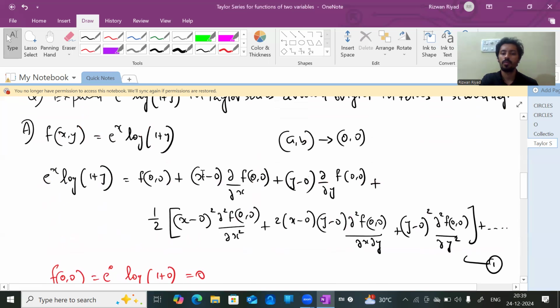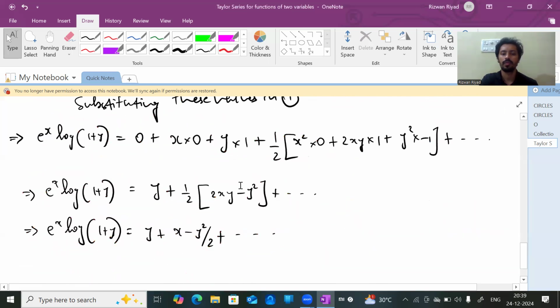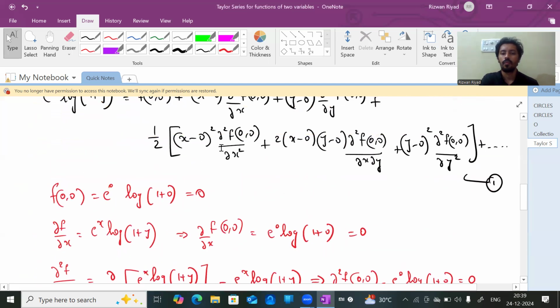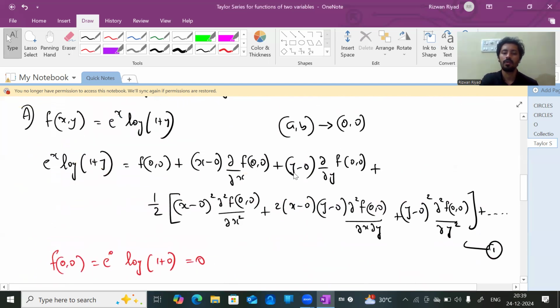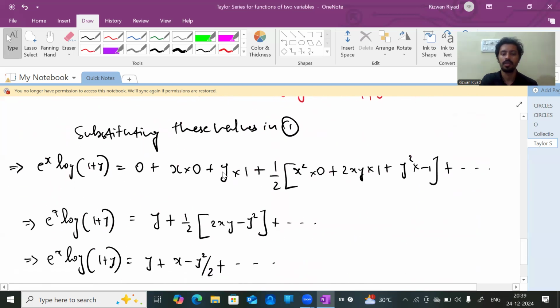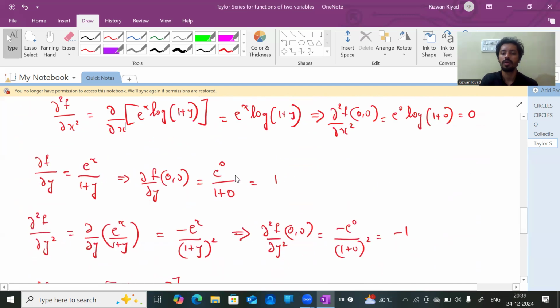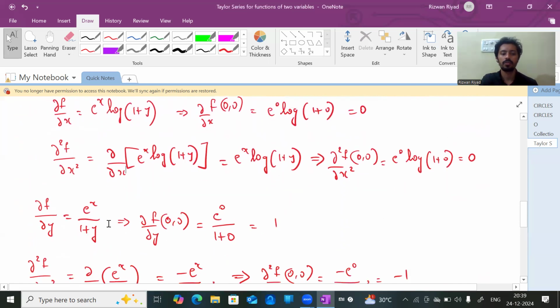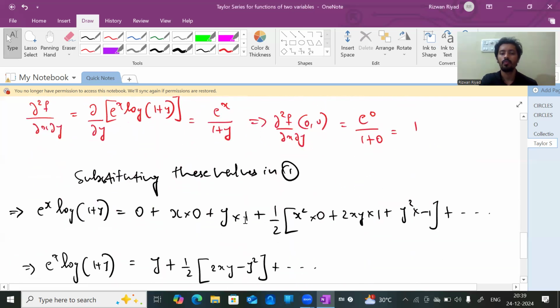So x into 0. Plus y minus 0, y only. That y is what you can see here, y into ∂f/∂y at (0, 0), which we got here as 1. So that means y into 1.